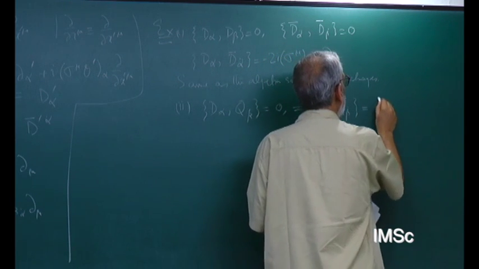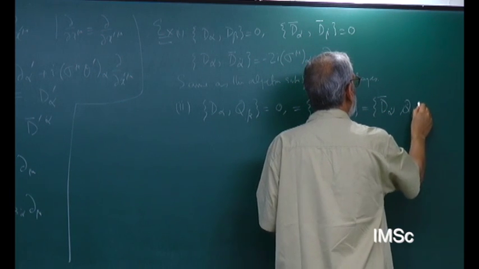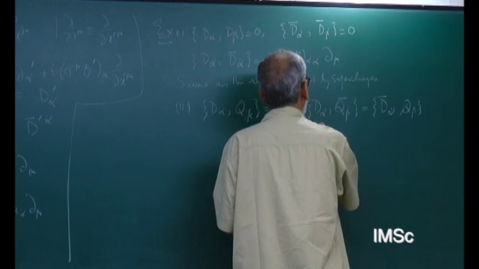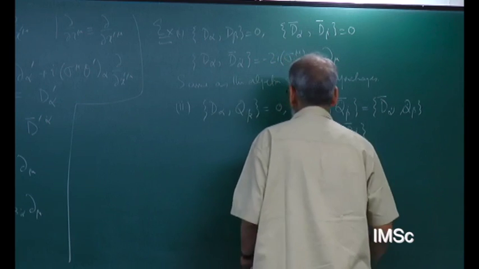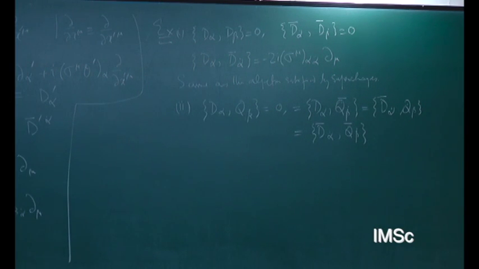That's the same for D bar alpha dot Q beta. And that's the same for D bar alpha Q bar beta, naught. Means that these covariant derivatives, these derivatives that we constructed, anti-commute with Q charges.